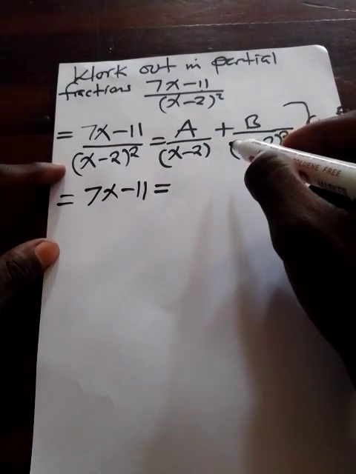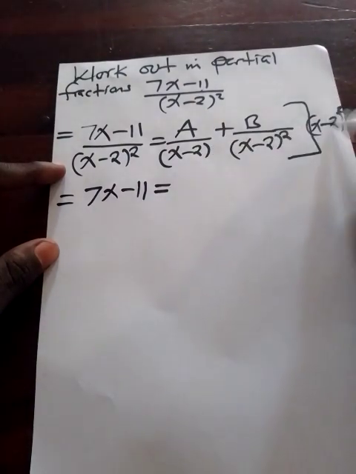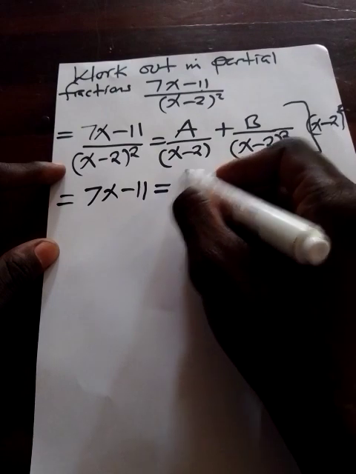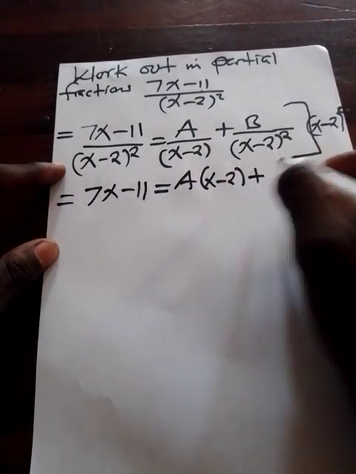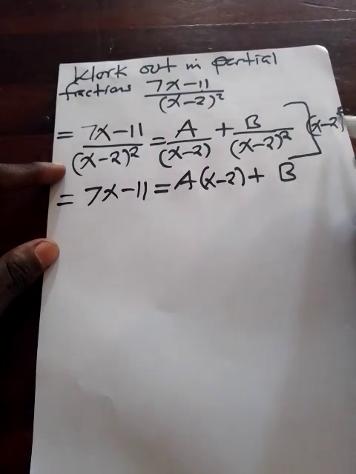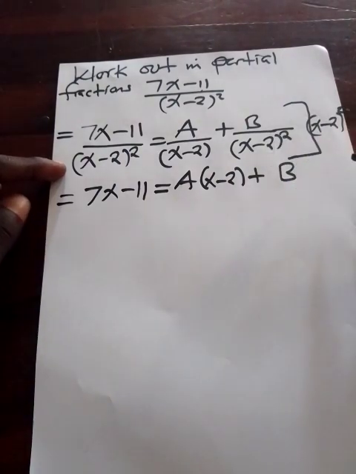One x minus 2 goes, because this has only been raised to an exponent of 1. So you have x minus 2 remaining multiplied by A, so you have A times x minus 2 in brackets, then plus B, because this is x minus 2 squared and x minus 2 squared. So this and that will cancel out. You only remain with B.